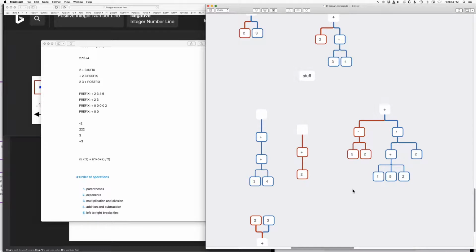Like, if we wanted that thing to get divided and this thing to be added up, we could just drag them around without using parentheses.